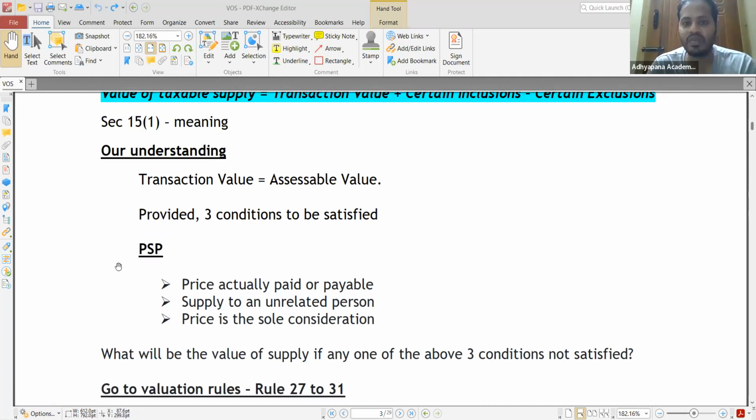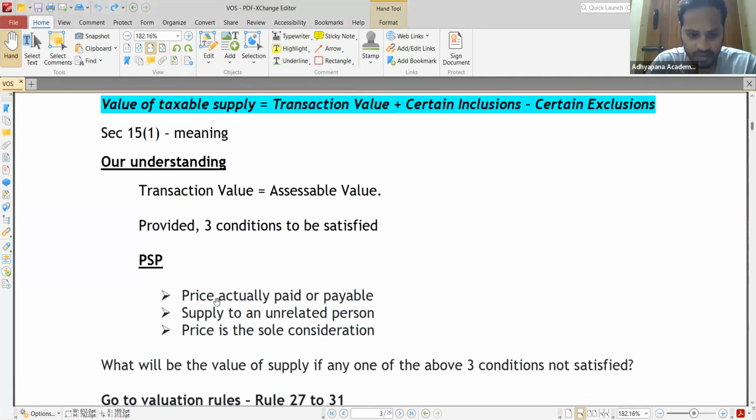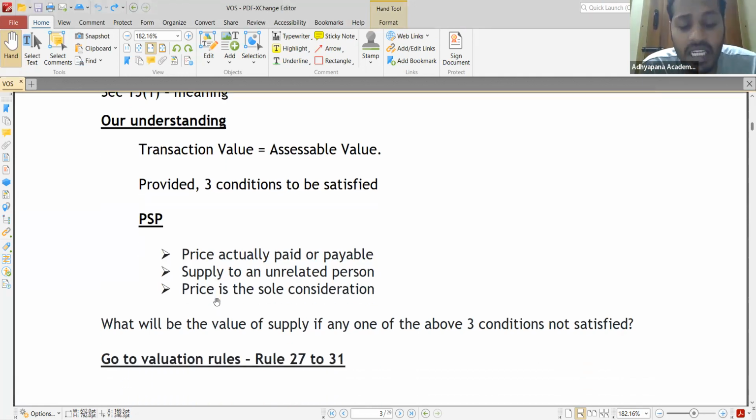To understand easily, we use some short forms. PSP is price actually paid or payable, then supply to an unrelated person.